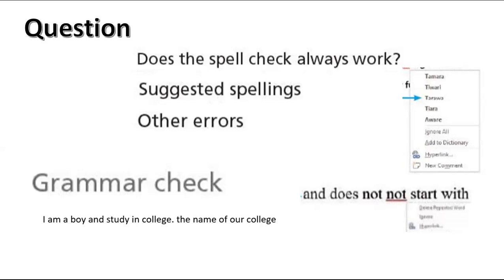Suppose this one line is, I am a boy and I study in college, full stop, the name of our college. This sentence is going to continue, but up to this sentence, you know that the first sentence has ended with a full stop and the last word was college.